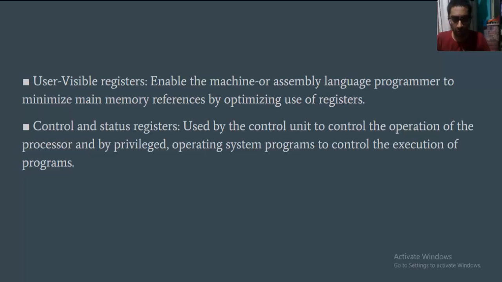The other function of registers is control and status registers, used by the control unit to control the operation of the processor and by privileged operating system programs to control the execution of programs. So the other function of registers is for control and status.